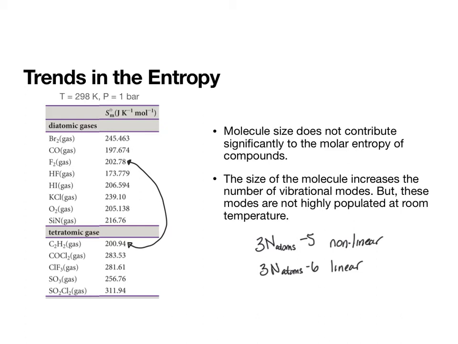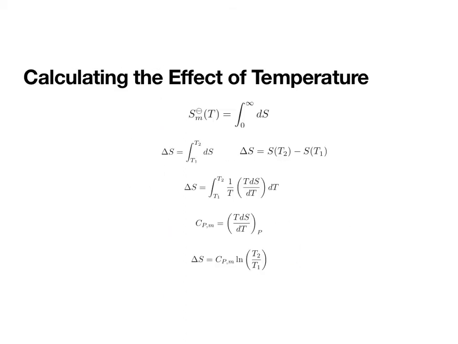As we get more atoms in our molecules, the number of vibrational modes increases. But at normal temperatures, vibrational states higher than the ground state are not highly populated. That means these extra vibrational modes really aren't contributing to the overall entropy of the system, and we can see this in our tabulation of standard molar entropies.